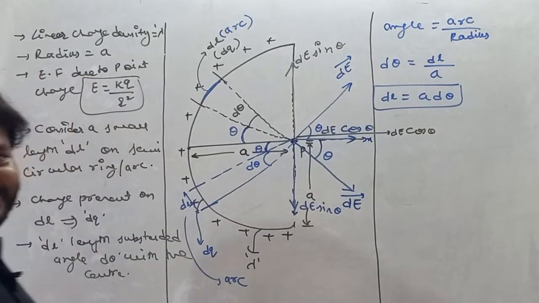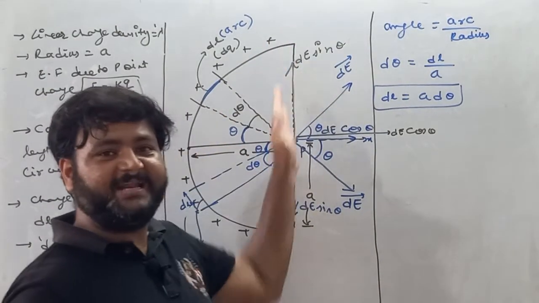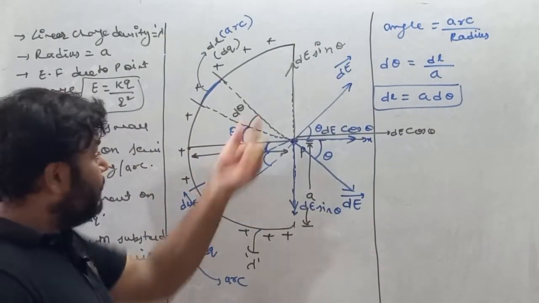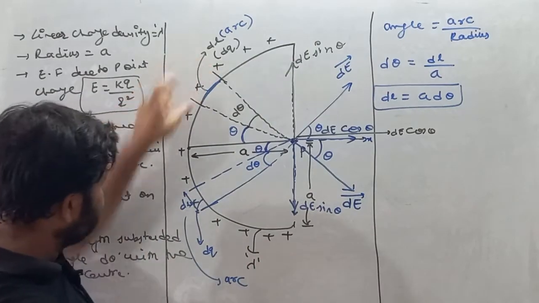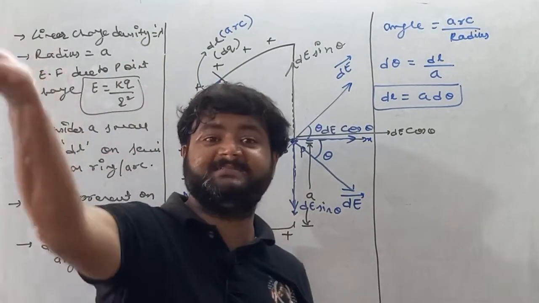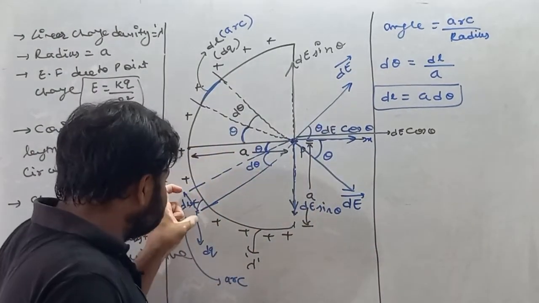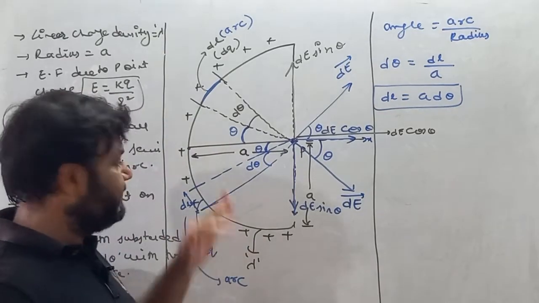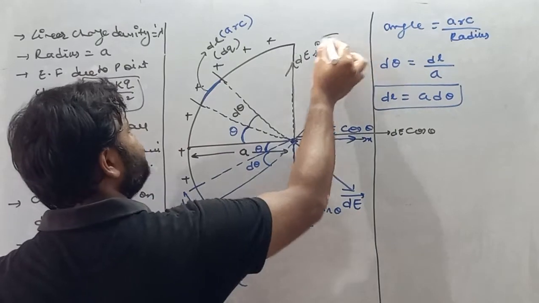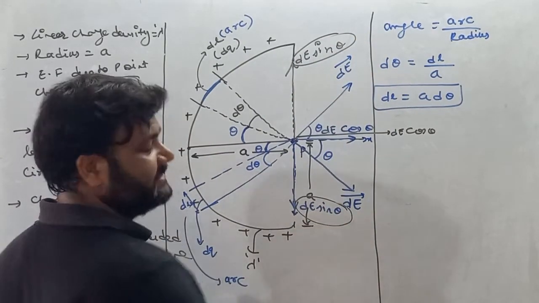Now see, my dear student, one dE sin theta is in the upward direction, the other dE sin theta is in the downward direction. Both elementary parts, that is dl, considered on the semicircular ring, are the same. The distance between this dl length and point P is also the same, above the origin and below the origin. So the magnitude of this dE sin theta component and this component is the same.